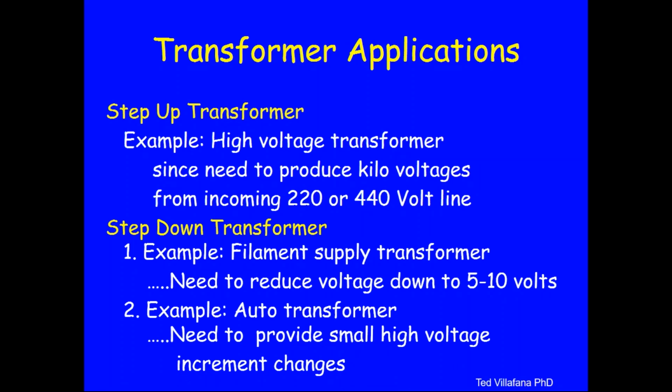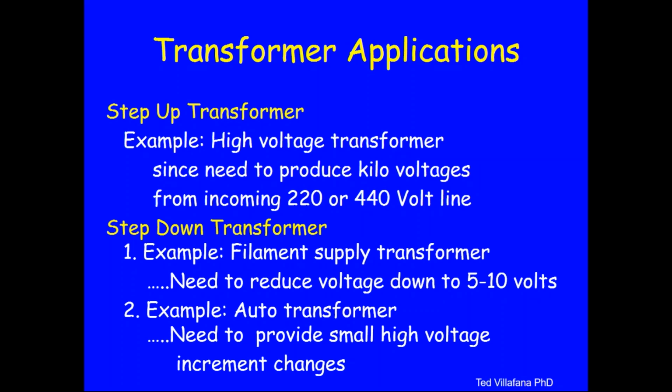A second application of a step-down transformer is how do you vary the voltage on an X-ray machine? Remember that you have high voltage. You cannot change 100,000 volts to 101,000 volts without getting sparks. So we cannot change the high voltage in the high voltage part of the circuit.